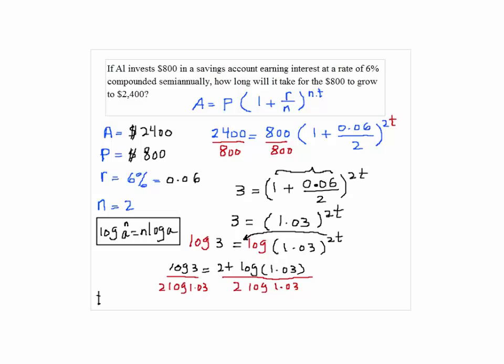The time then would be equal to log of 3 over 2 log of 1.03, which is equal to, just use your calculator, about 18.58. So it's about 18.6 years.